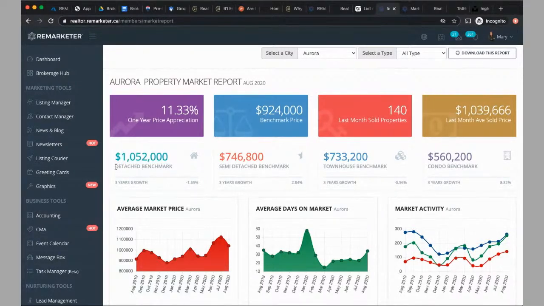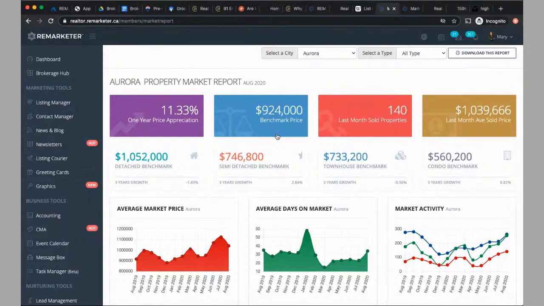So if we're looking at a typical detached property in Aurora, we would be looking at this benchmark price. If we're looking at a typical semi-detached property in Aurora, we would be looking at this number right there. If we're looking at a typical townhouse or a condo, we would be looking at these. And the accumulation of all of these would come to $924,000.